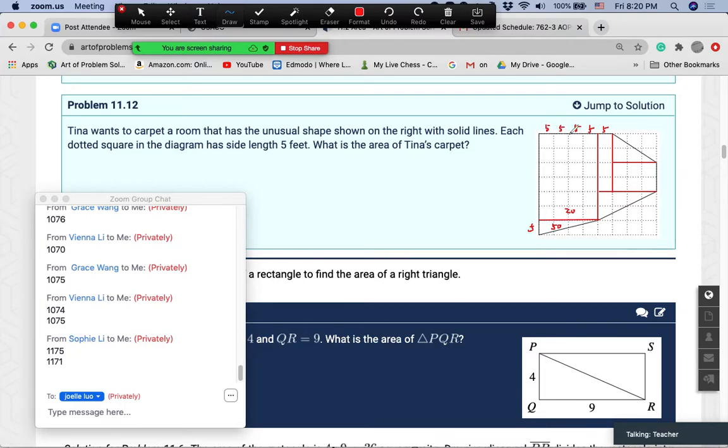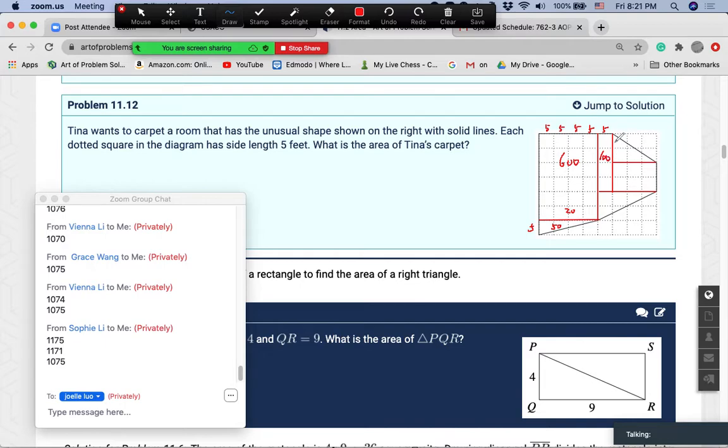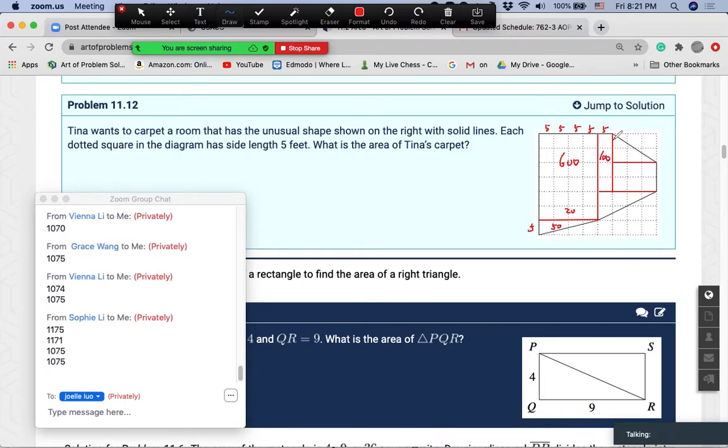This one, 1, 2, 3, 4, 20. 30 times 20, you got 600, right? Then this one, 1, 2, 3, 4, that's 20. 20 times 5, 100. Now this one, base is 10. This height, 1, 2, 3, that's 15.